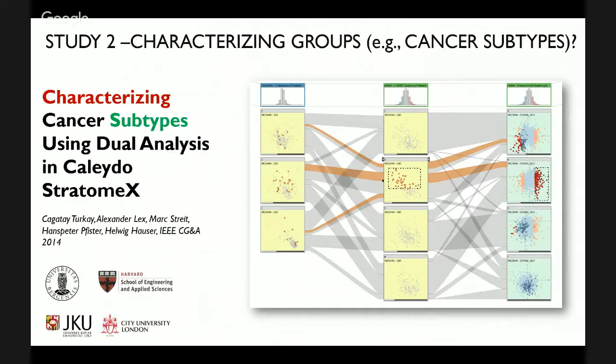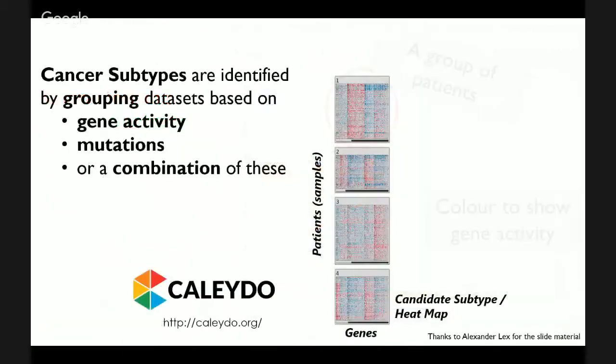Here our goal was to further characterize why we see groups. When we have a cluster of, let's say, cancer patients, and the algorithm finds some subgroups of these patients, can we characterize and understand these groups better through the use of visualization and interaction? That was our main goal.